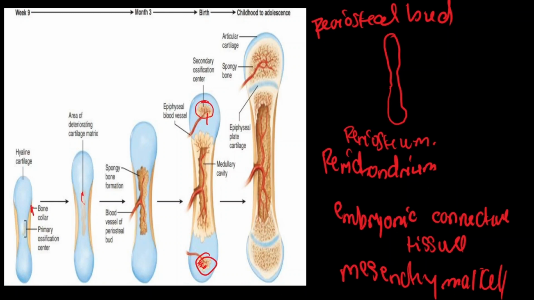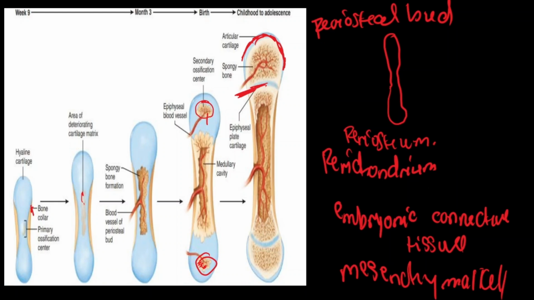After the ossification of the epiphysis is completed, we have the hyaline cartilage remaining at the epiphyseal plate. Okay, so this is the epiphyseal plate, the hyaline cartilage, and this basically allows for the accommodation of growth. Okay, so it allows for growth to take place. We also have the hyaline cartilage forming the articular cartilage, as we can see here, for the joint surfaces.